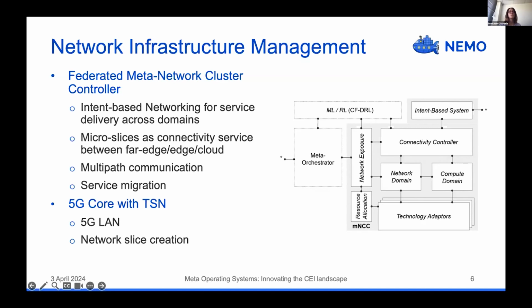So here, this component is able to create slices between nodes belonging to different administrative domains. It integrates with different network adapters, so it can easily accommodate different types of networks. And also, there is support for multipath communication depending on the user requirements, the application requirements, and also support for service migration across these domains.